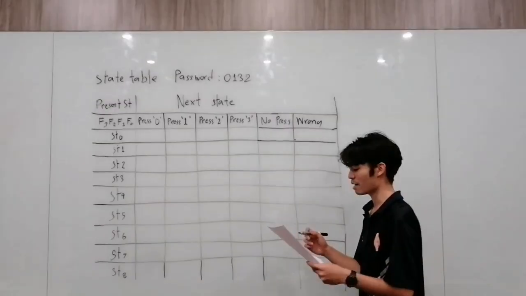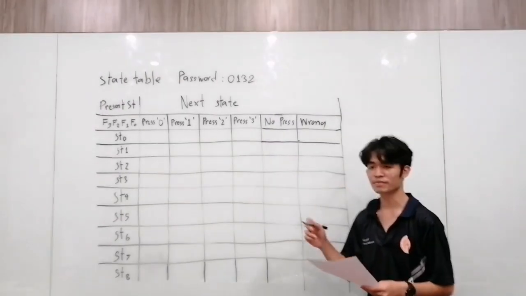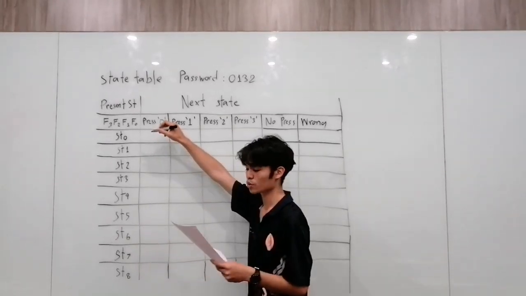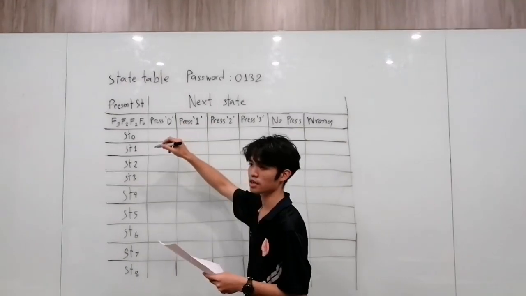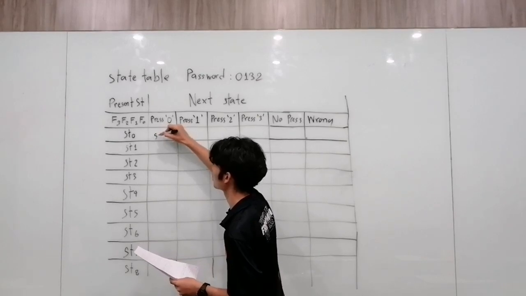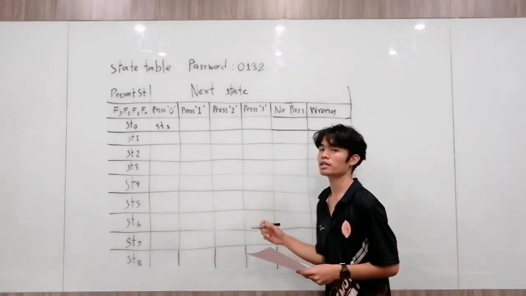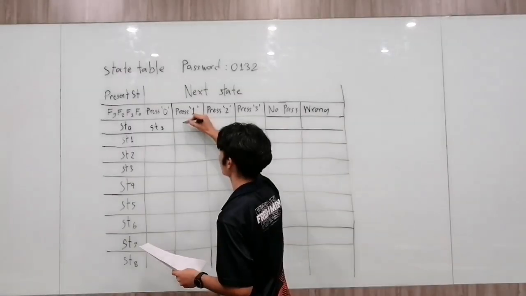Next, I will describe the state table from the state diagram. At state 0, it will go to state 1 when you press the 0 button. Any other case is still in state 0.